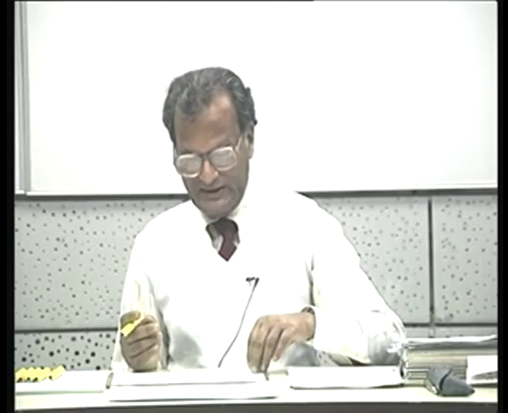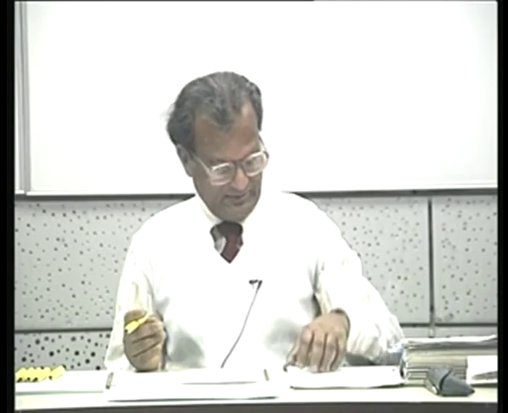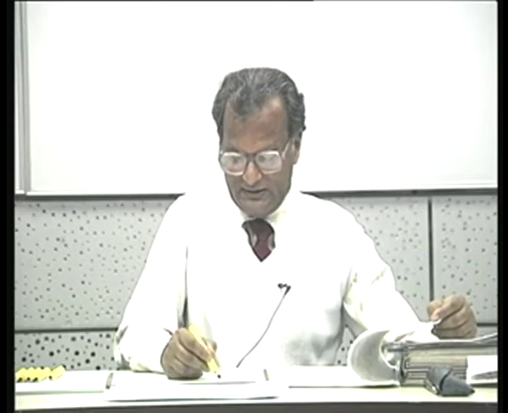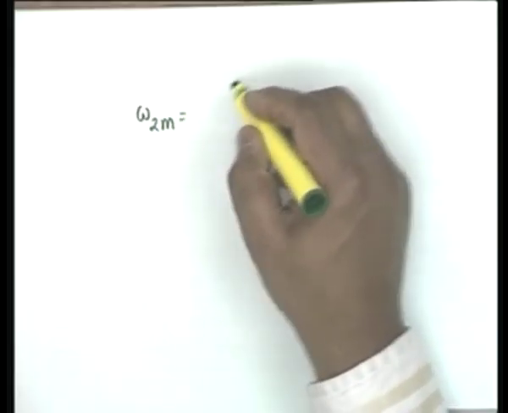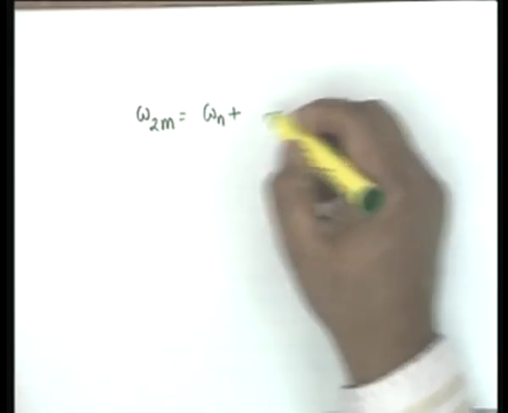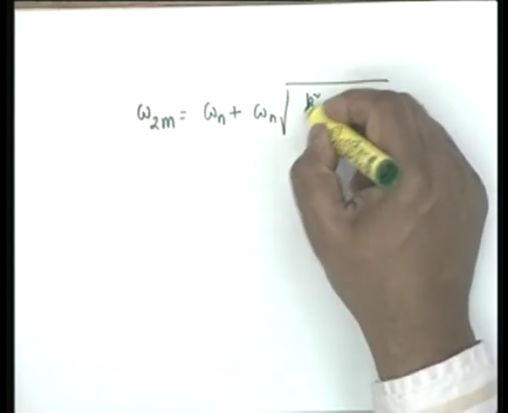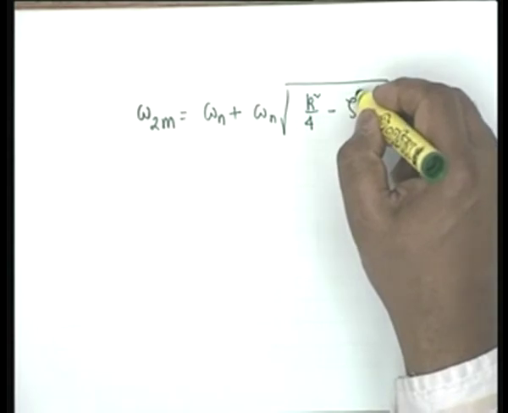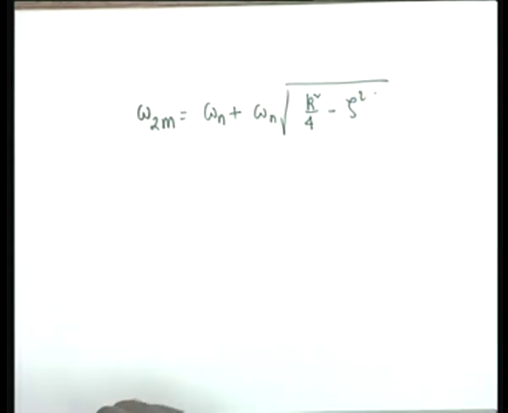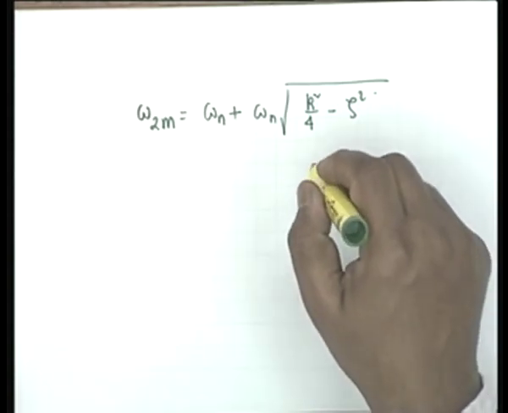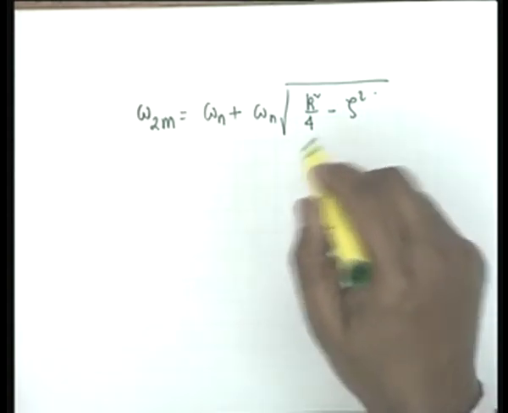By simple manipulation we had shown that this maximum omega 2 m is given by omega n plus omega n multiplied by square root of k squared by 4 minus zeta squared. This is a formula derived in the class, given in the book, figures in your notes.